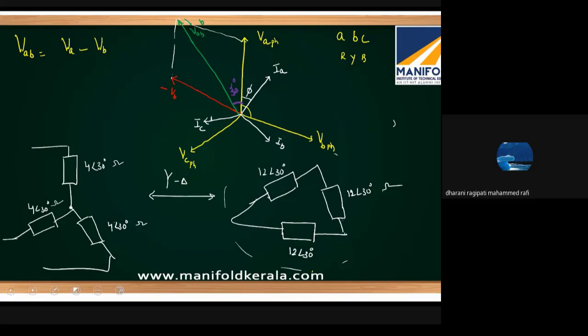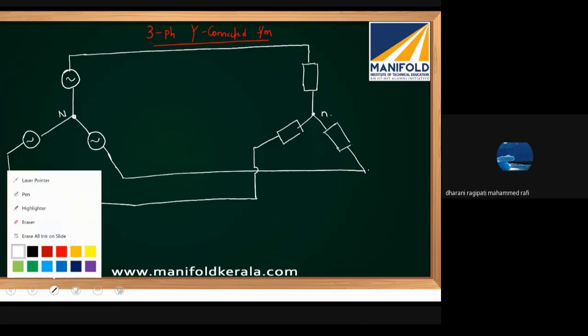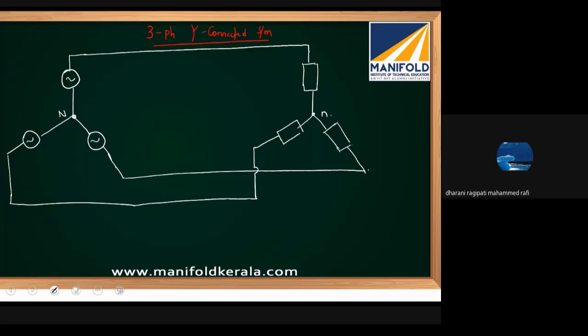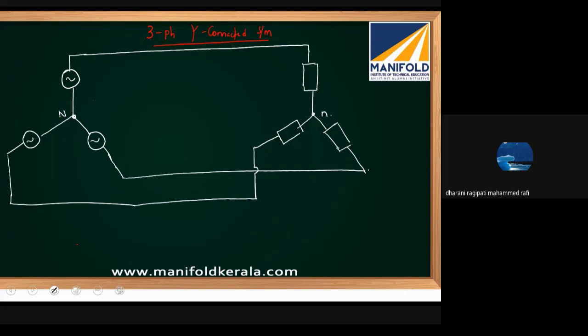Is it clear, this portion? This is the source neutral. This is the load neutral. Let this neutral conductor be, let us draw it in green.